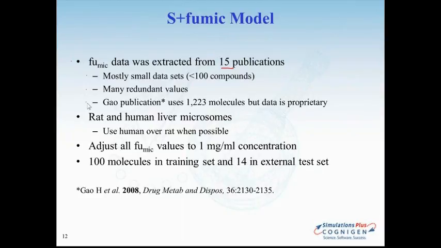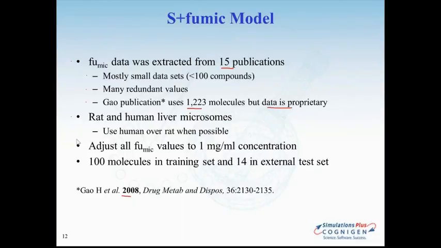previous publication. One exception to this was a publication from Hua Gao in 2008 when he was at Pfizer, and this used 1,223 molecules to create their FUmic model. This data is proprietary, so we couldn't use it in our model.